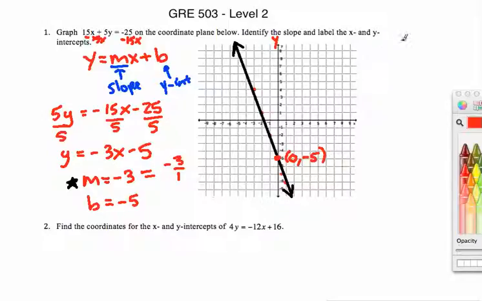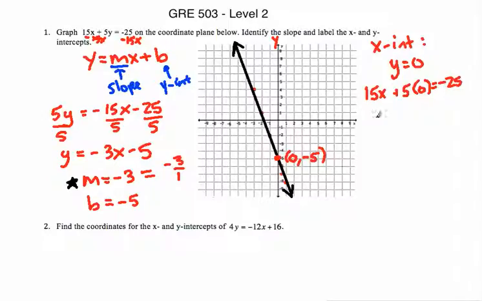We know that for our x-intercept, y is equal to 0. So if we're going to put 0 into our equation to find x, okay, then 5 times 0 is 0. We'll have 15x equal to negative 25. Divide both sides by 15.